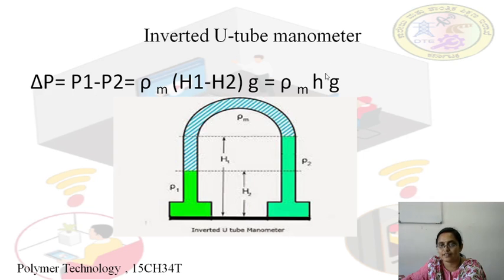And this H in an inverted U-tube manometer is h1 minus h2. If this is taken as the datum, h1 is the height of the datum level till the base, and h2 is the height of the manometric level, the reading of the manometric level to the datum.